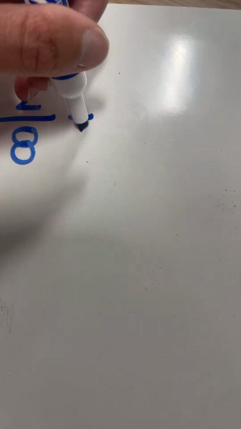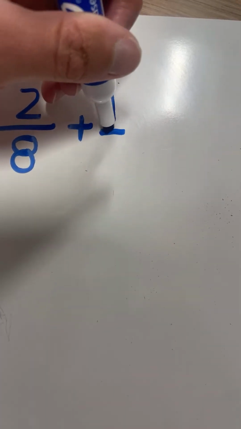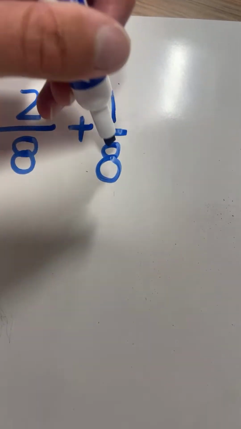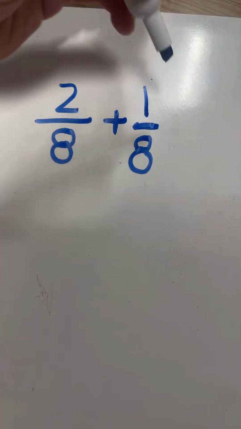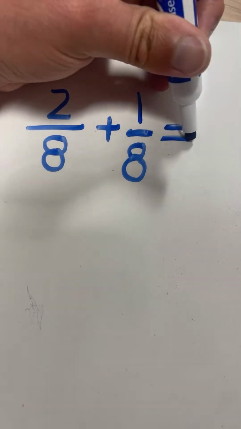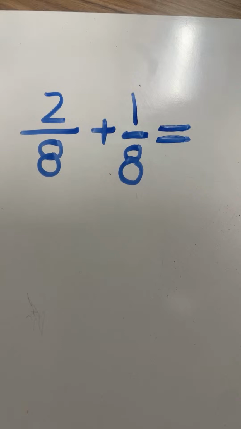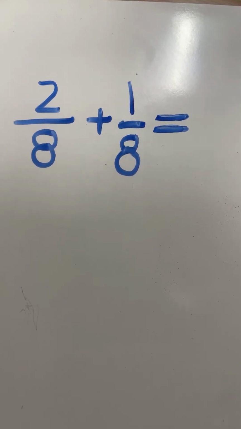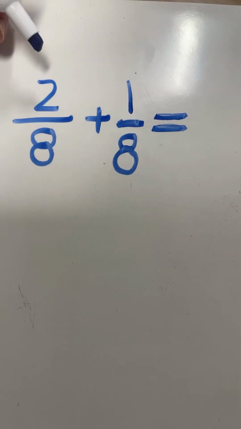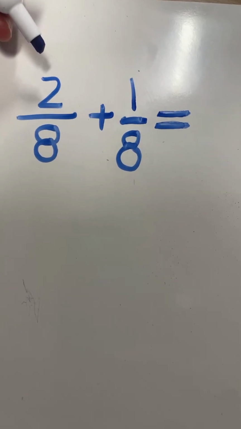So we'll start with adding fractions with like denominators. Here we go. Adding fractions with like denominators is actually very simple. It's just like adding whole numbers. The only difference is that the denominator stays the same. So we would add the numerators just like we would add any whole number.